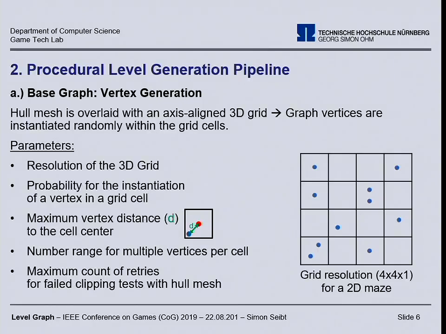We can set the resolution of the grid, the probability for the instantiation of a vertex in a grid cell, and the maximum vertex distance to a cell center, as you can see in the small example here. We can also set the number range for multiple vertices per cell, and the maximum count of retries, for example if a vertex is created outside of the host mesh or intersects the host mesh. This parameter can be used to control the vertex density and irregularity.